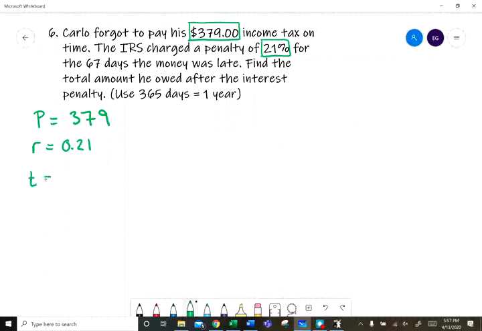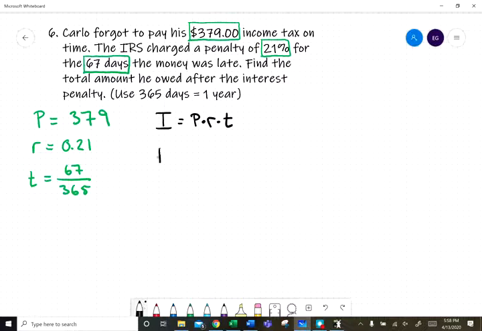And the amount of time, just like problem number 5, time is given in days. We always have to convert to years. So our formula is only valid when time is in years. I equals P times R times T. P is in dollars, R is a decimal, and T is measured in years. Okay, so we'll take the 67 days out of the whole year, which is 365.